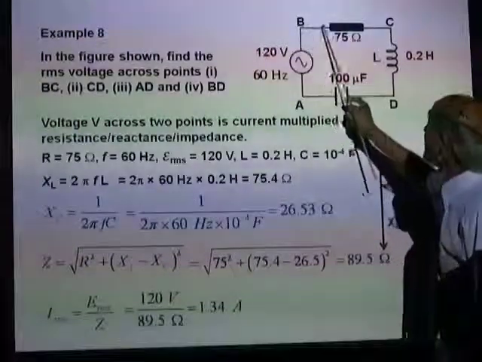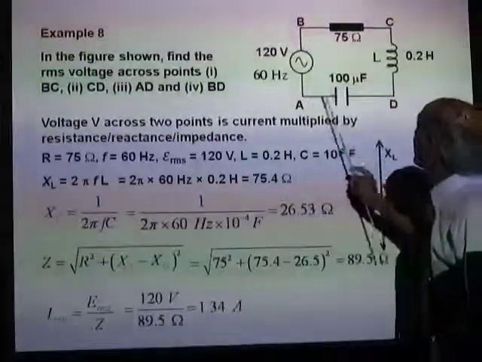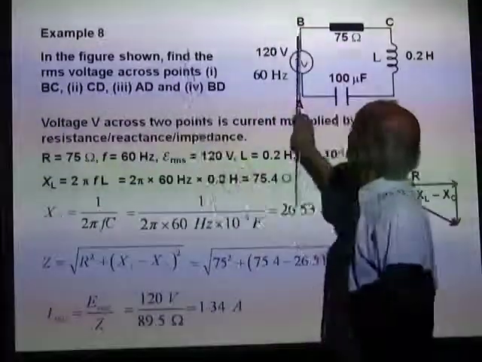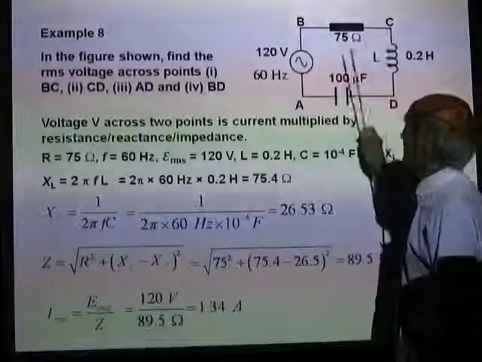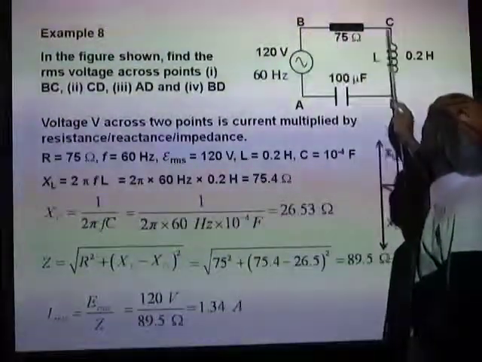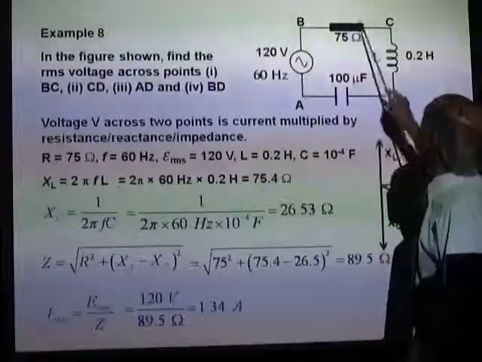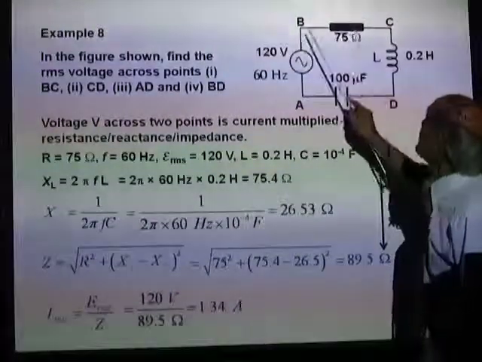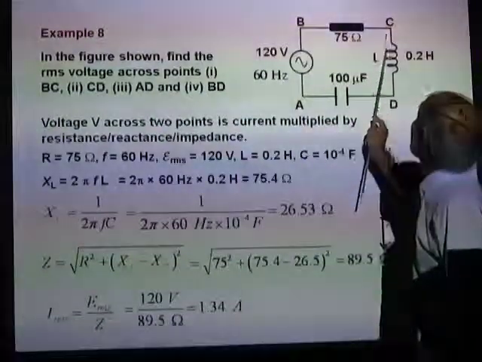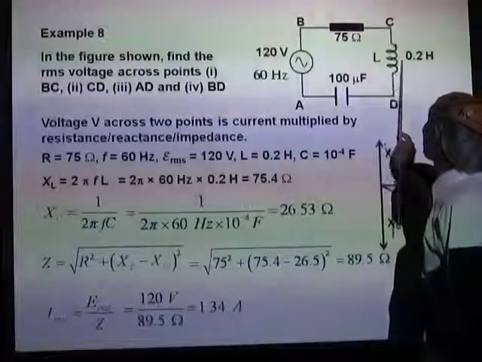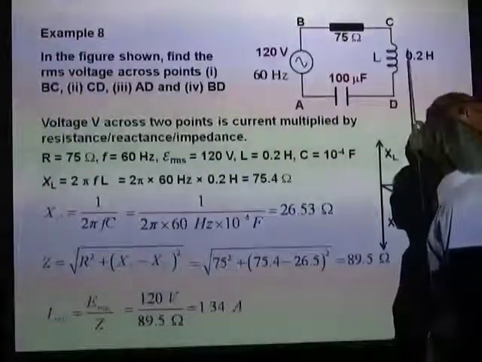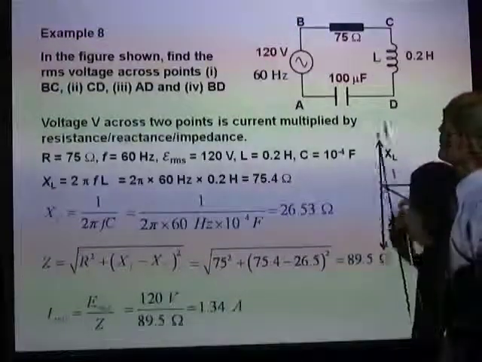We can now calculate the potential difference across any 2 points. That's what we want. We want to find the potential difference across BC. Now, the potential difference across BC is the potential difference across the resistor. That will be IRMS times R. The potential difference across CD will be the potential difference across the inductor, that is IRMS times XL, the inductive reactance.